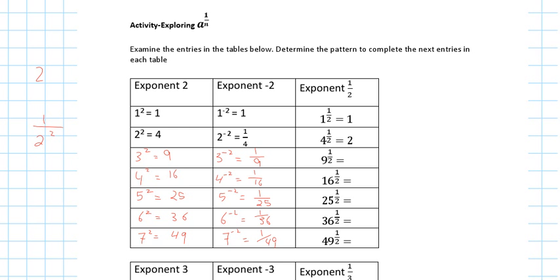Now, on your calculator, you're going to do 4 to the power of a half. So now our exponent is a half. When you do that on the calculator, you're going to put 4, then your exponent, and then you're going to put your half as 1 over 2, but in brackets.